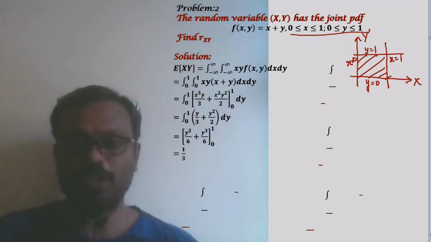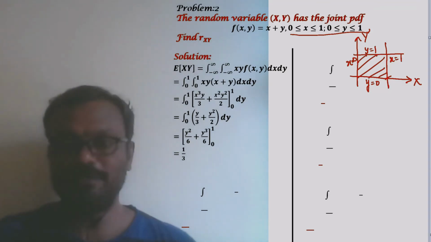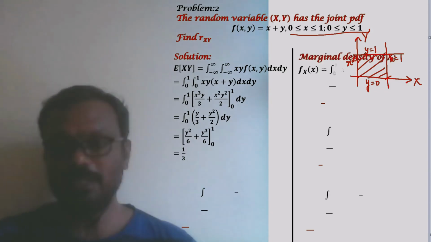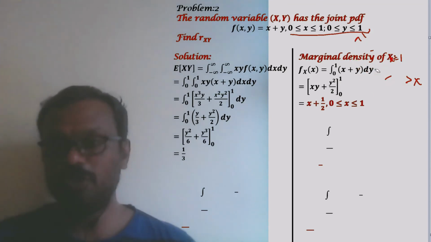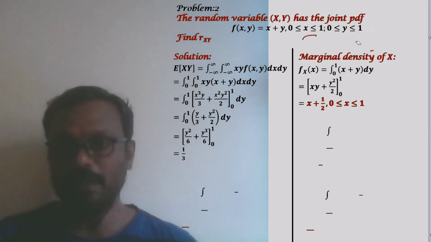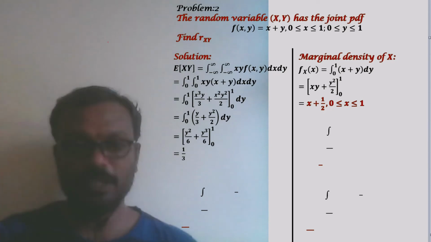Now let us compute the marginal density of x. So marginal density of x is nothing but integrate the joint density with respect to y in the domain. And here we have the domain to be the square region. So no doubt it is going to be 0 to 1. So if you want the limits of y, we have to take the vertical strip, and here we know y equal to 0, here it is y equal to 1.